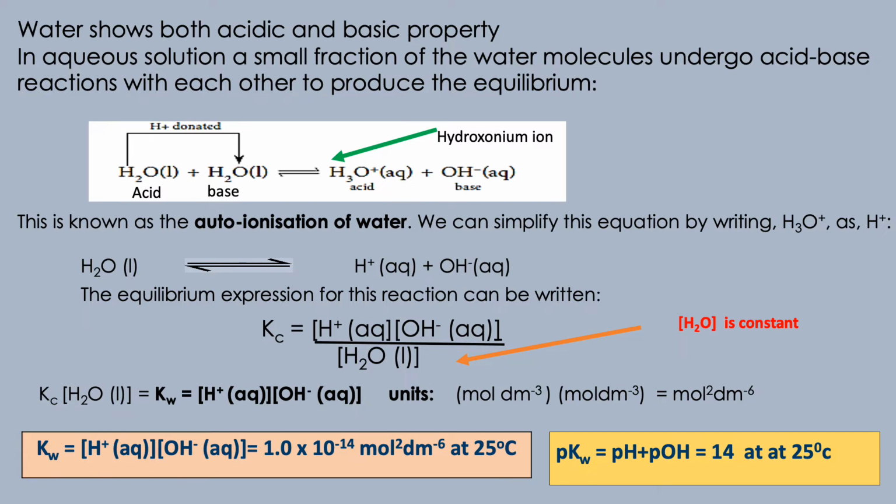So Kw, which is the ionic product of water, is equal to the concentration of H+ ion times the concentration of OH- ion, which has a fixed value 1.0 x 10^-14 at 25 degrees. pKw, where the letter p stands for negative log, is equal to pH plus pOH, equal to 14 at 25 degrees.